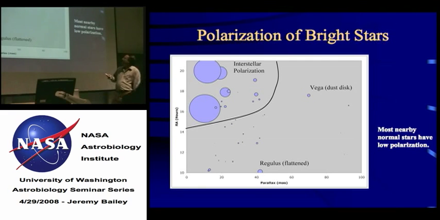What we're seeing up here is a region where we're getting far enough out to see interstellar polarization effects, to see interstellar dust. But most of these other stars have very low polarizations, except for a couple of cases which we think have intrinsic polarization. Regulus is actually a rapidly rotating flattened star, and Vega has a dust disk around it, so they're both cases that are probably producing polarization.